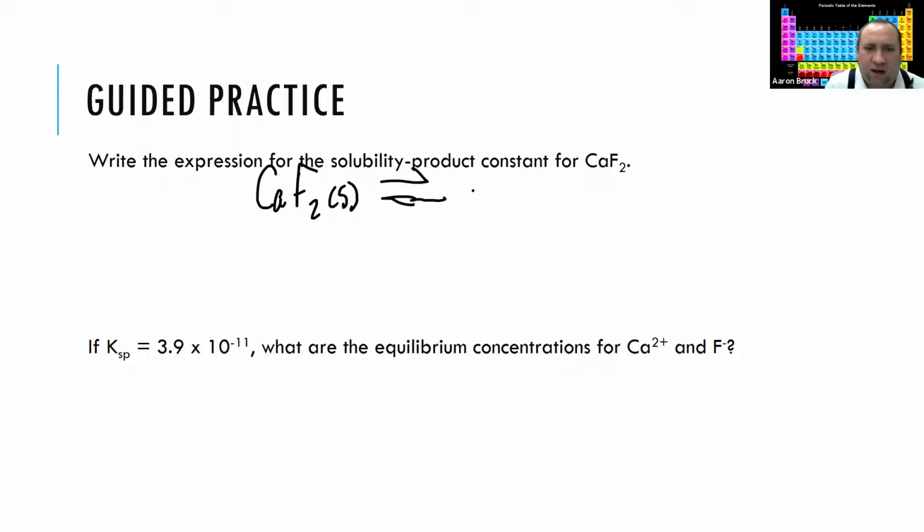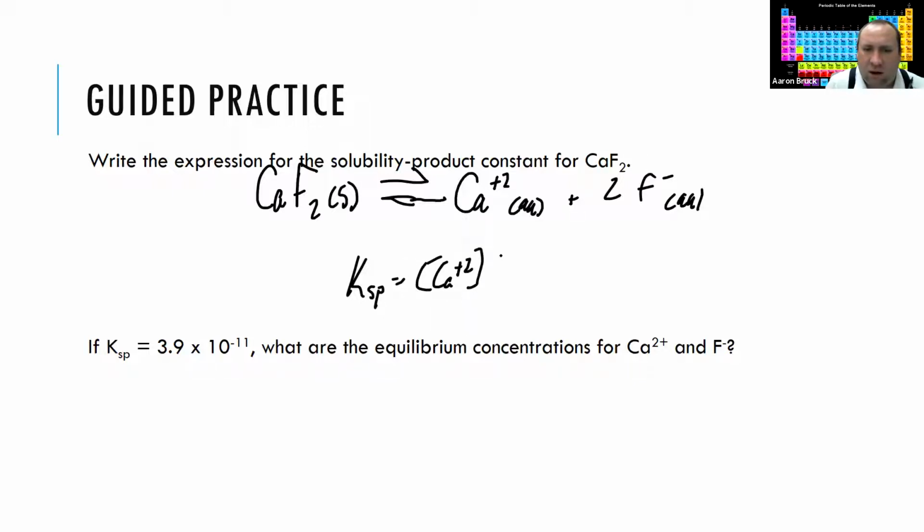Calcium fluoride becomes calcium ion, aqueous, and 2 fluoride ions, aqueous, which means that KSP would be the concentration of the calcium ion multiplied by the concentration of the fluoride ion squared. Again, we don't include the calcium fluoride itself. It's a solid, and solids do not change appreciably in concentration, so we exclude them.